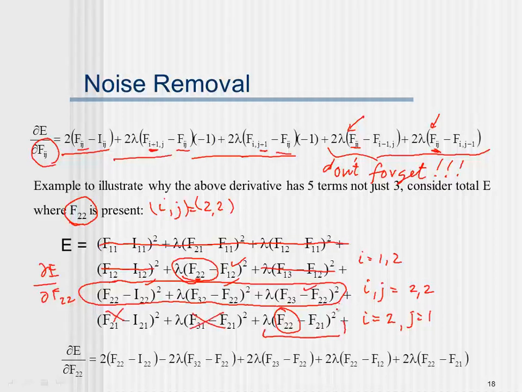Okay? So out of 1, 2, 3, 4, 5 terms, we'll have 5 terms, not just 3. So 1, 2, 3, 4, 5. Okay? So there will be 5 terms in total. One of these signs is wrong. This should be a minus. Okay. Alright. So that's basically it.